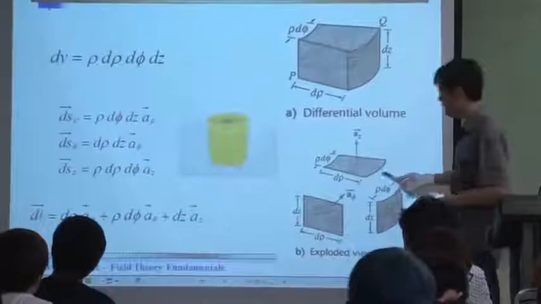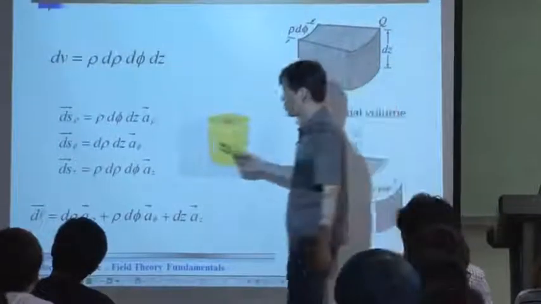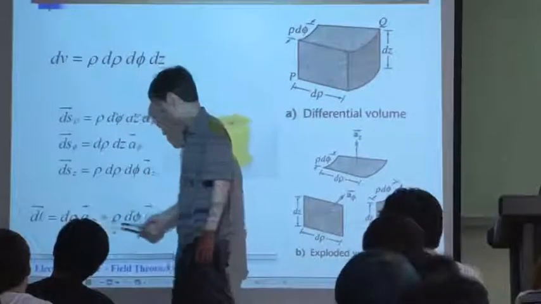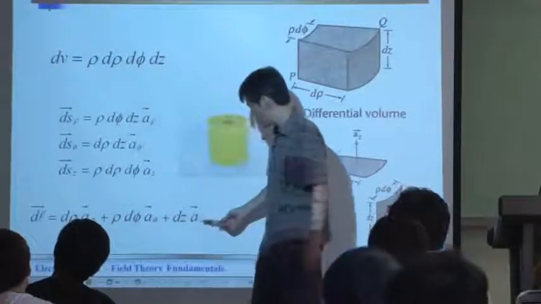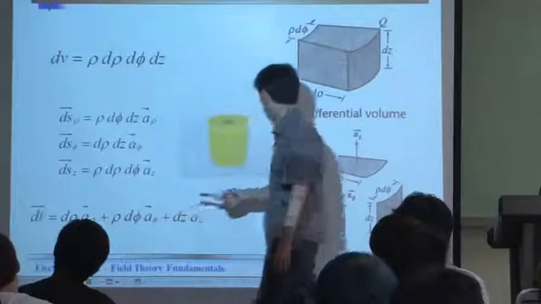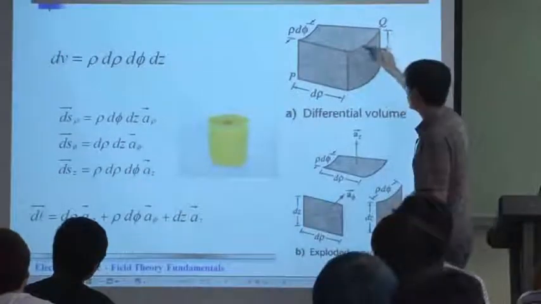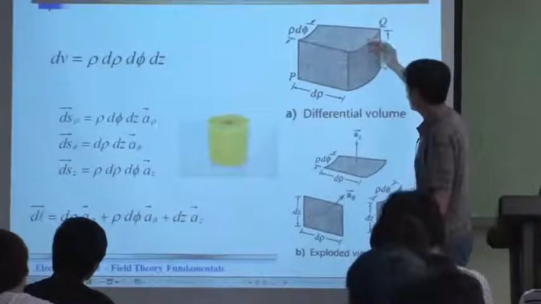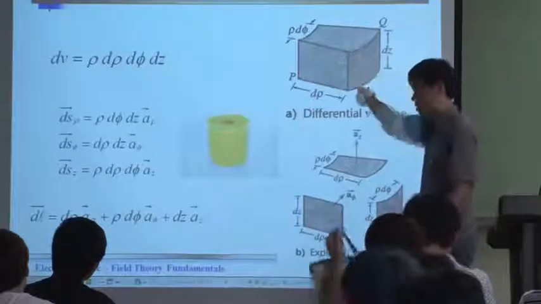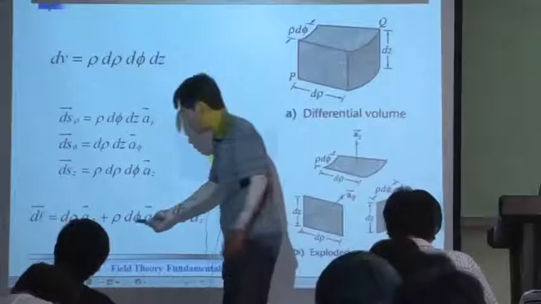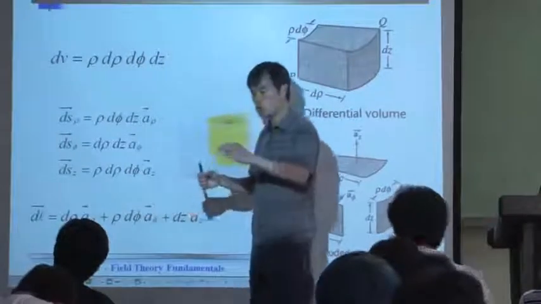And the length scale can also be written with the a rho direction, d rho, and the z direction, dz. But in the case of the phi direction, as you are indicating the a phi direction, it is a rotating direction, and d phi is only the angle.